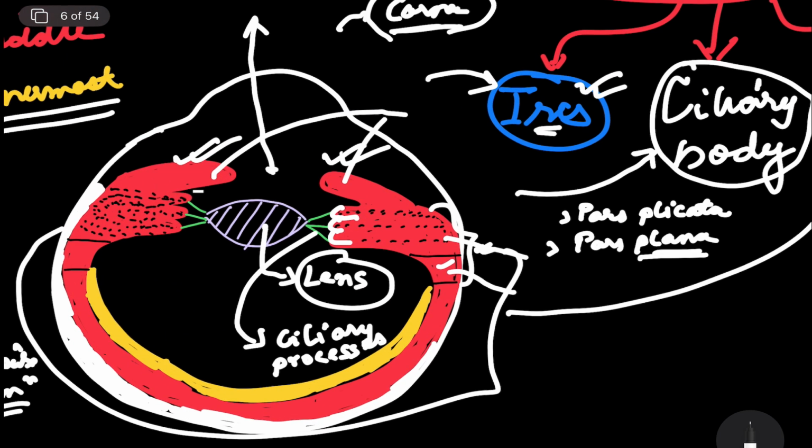Retina is the innermost layer. You can see the yellow layer over here, that is the retina. The retina is the innermost neurosensory layer of the eye. So that is the layer over which impulses are created. They travel via the neurons and the optic nerve to the brain. Where in the brain, how all of this happens, we'll talk about it later.